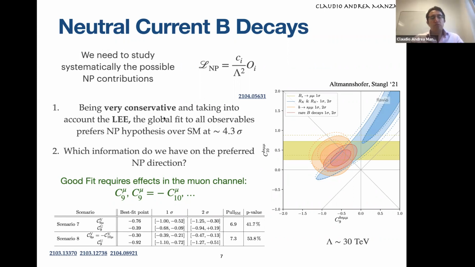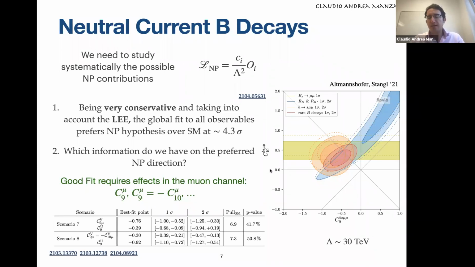In terms of new physics scenarios which give the best agreement between theoretical prediction and experimental measurements, we have, let's say, all scenarios between the limit cases C9 only in the muon sector and C9 equals minus C10.